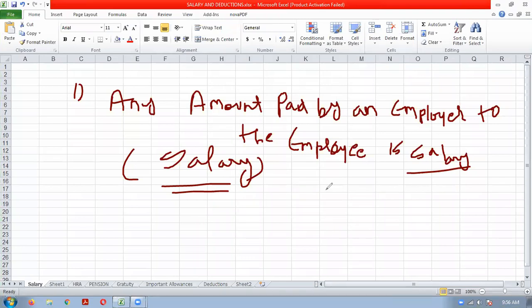So first thing you have to remember: if an employer is paying any amount to an employee, it will be called salary.